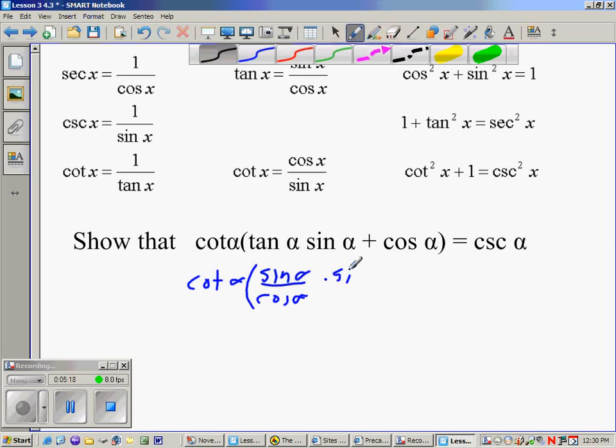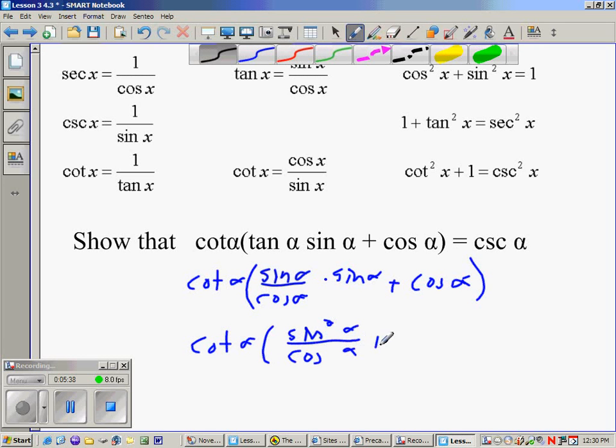And this is multiplied by sine plus cosine. Now sine times sine is going to be sine squared. And that's alpha plus cosine alpha over 1.